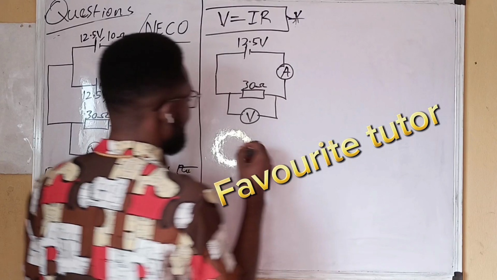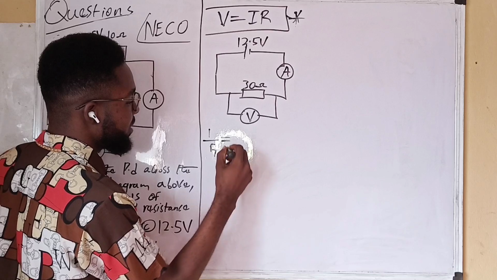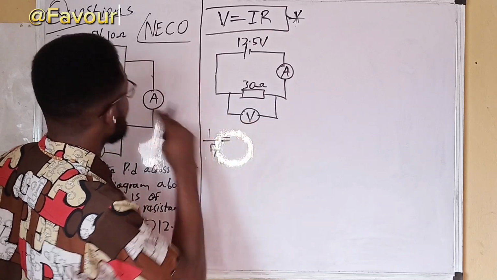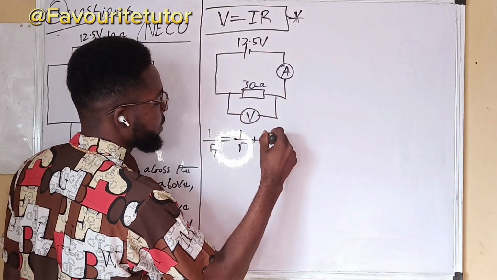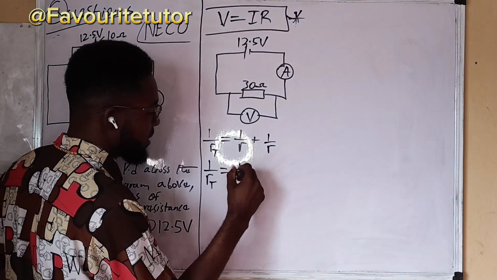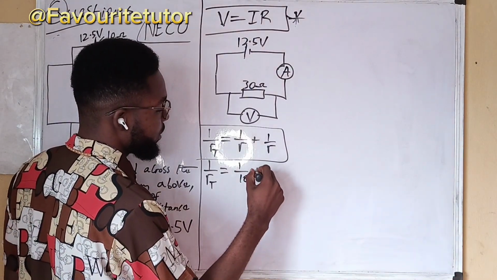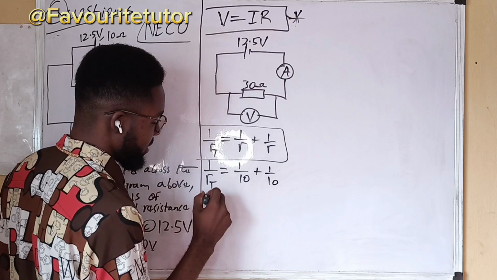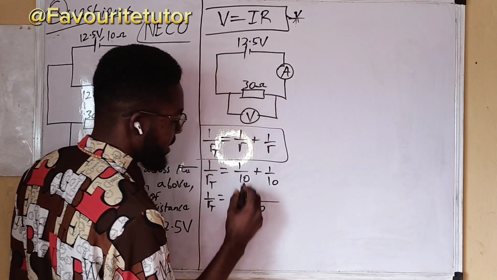So for resistance in parallel, we get the total as the equivalent resistance. 1 over R equals 1 over R1 plus 1 over R2. So this is 1 over 10 plus 1 over 10. LCM is 10.